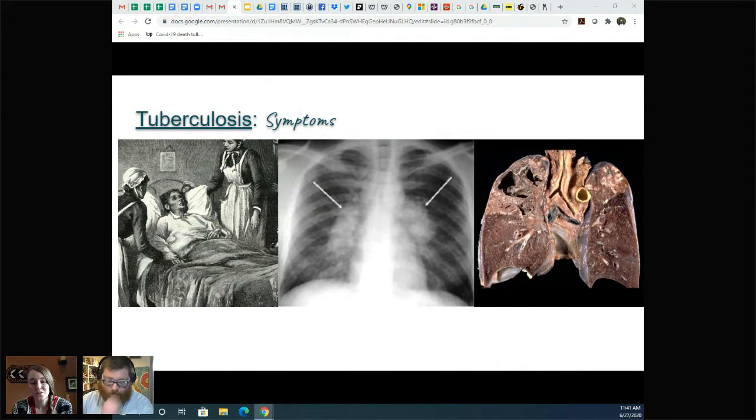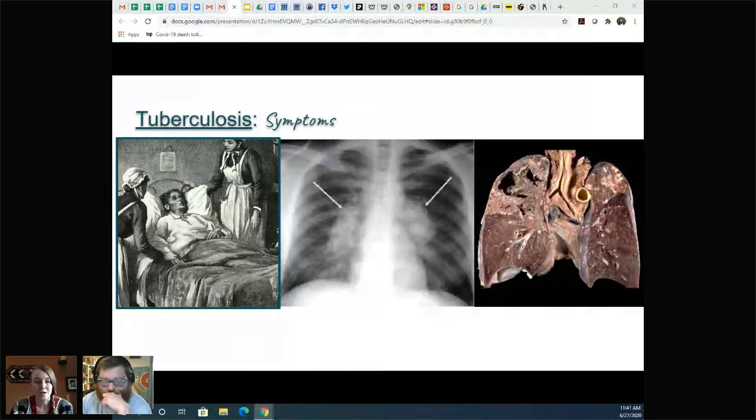There's a lot of coughing, chest pain, and weakness, and this is a result of the bacteria living in someone's lungs and causing something called caseation. The bacteria is basically turning the tissue into a dry, cheese-like substance that you can see on this lung on the slide.